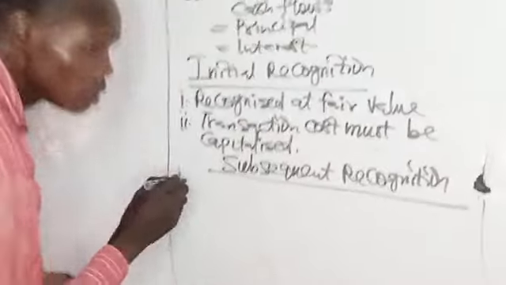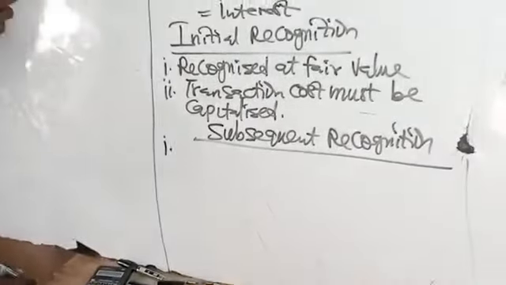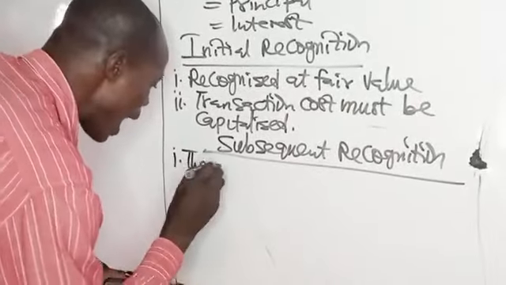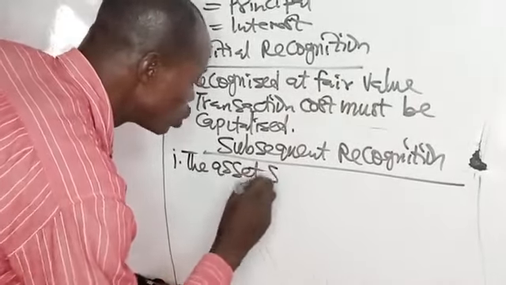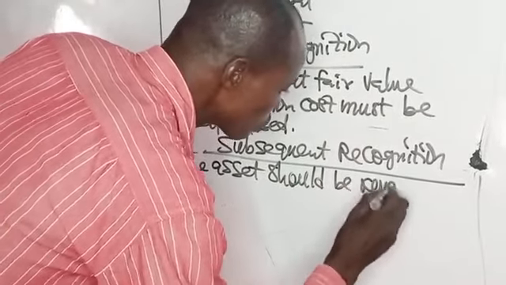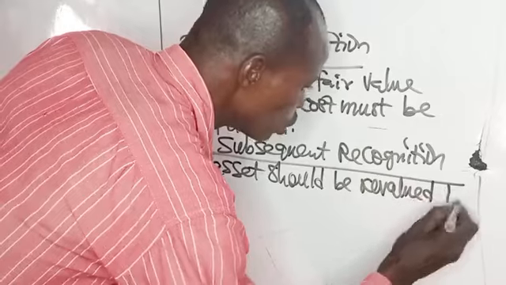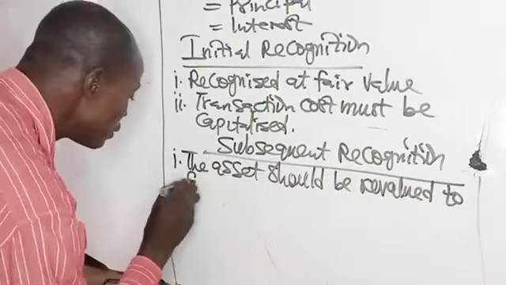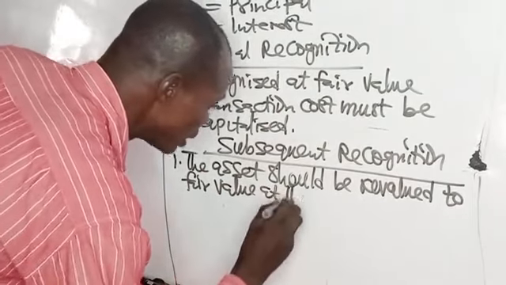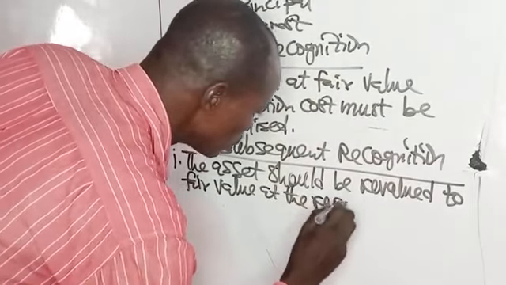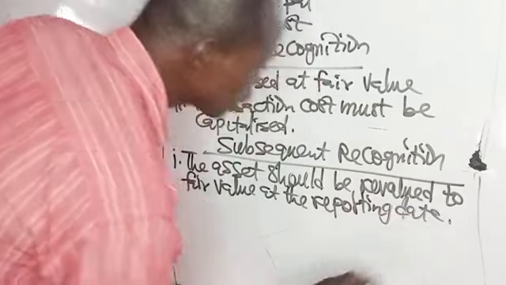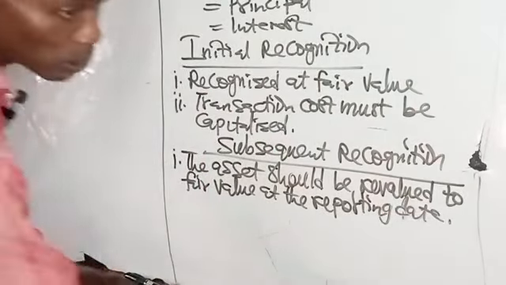Number one, the asset should be revalued to fair value at the reporting date. You revalue the asset to fair value.